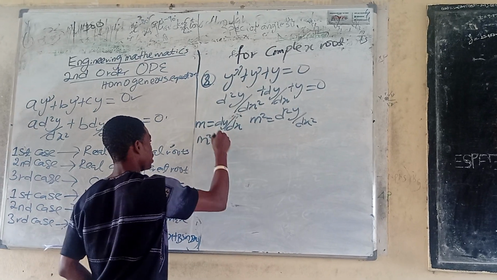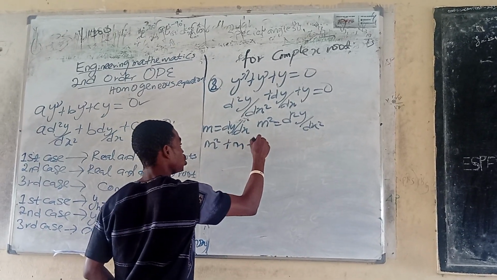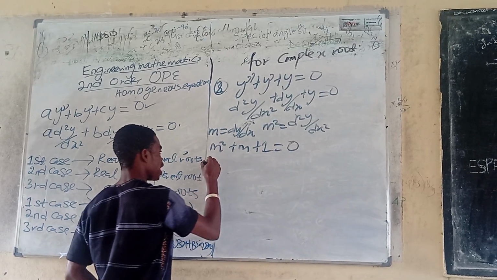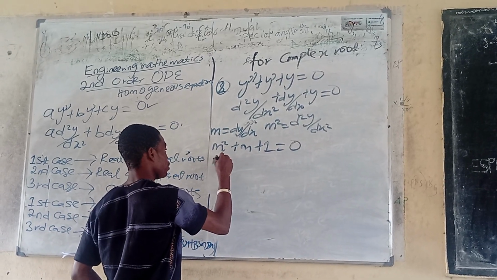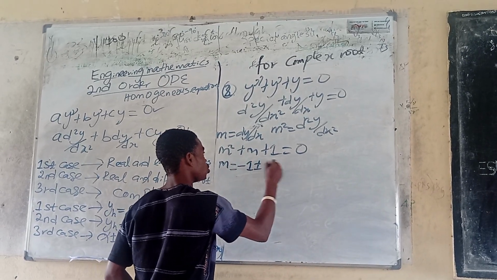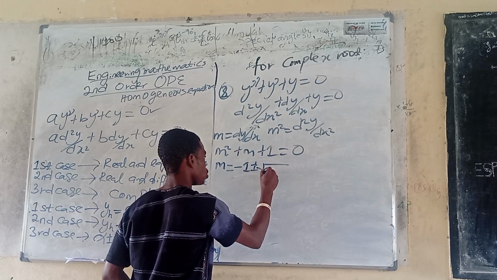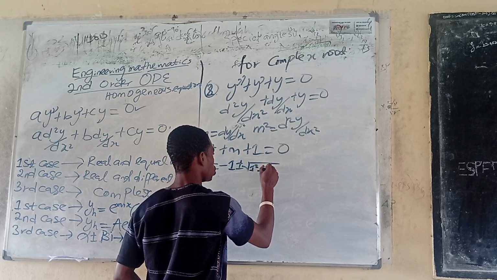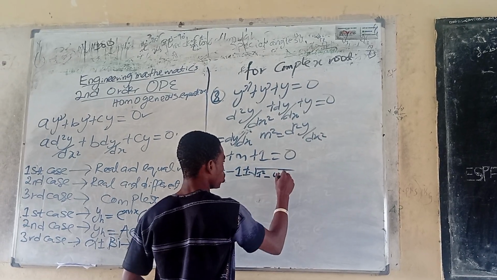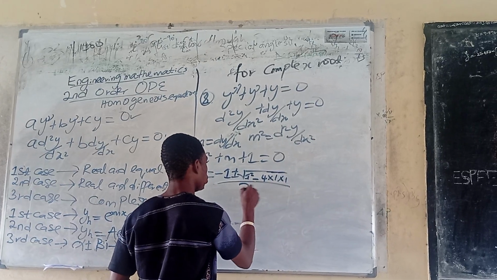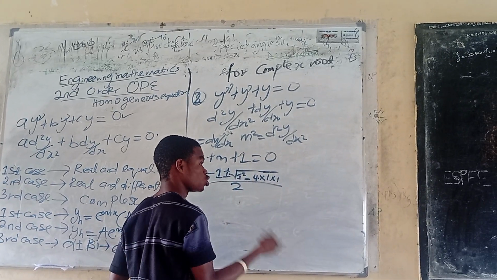So m squared plus m plus 1 equals 0. So our quadratic formula: m equals minus b, that's minus 1, plus or minus the square root of 1 squared minus 4ac, where a is 1 and c is 1, divided by 2a, which is 2 times 1, that is 2.